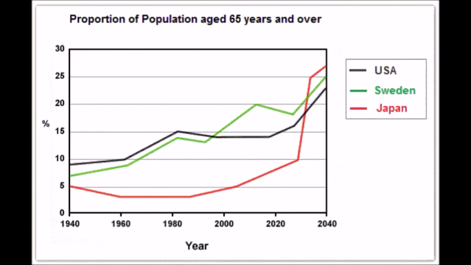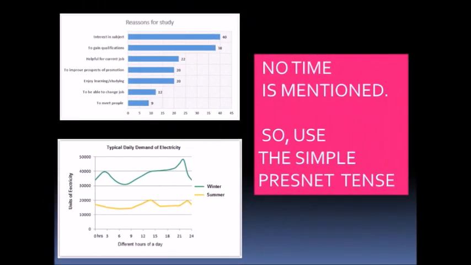Phrases such as the projected data, the projected score, the projected recording is likely to be can be used. In line graphs, tables, pie charts, or bar diagrams, if no tense is indicated, then you can use simple present tense.